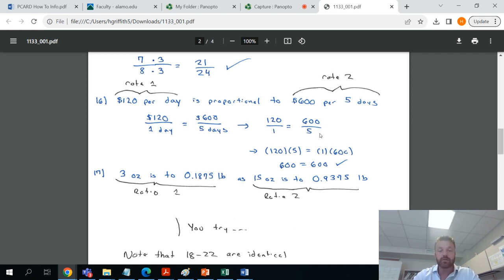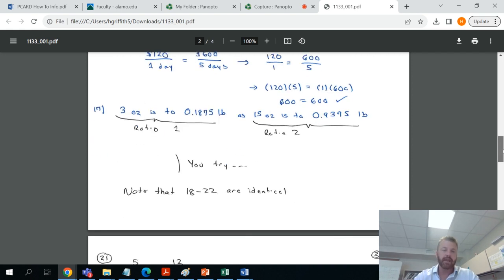Checking with cross products, on the downward diagonal I have 120 times 5, sorry about that, and on the upward diagonal I have 1 times 600. Of course, 600 is equal to 600, which shows that these two rates are actually proportional. Namely, paying $120 per day for something is the same unit rate as paying $600 for 5 days of something.